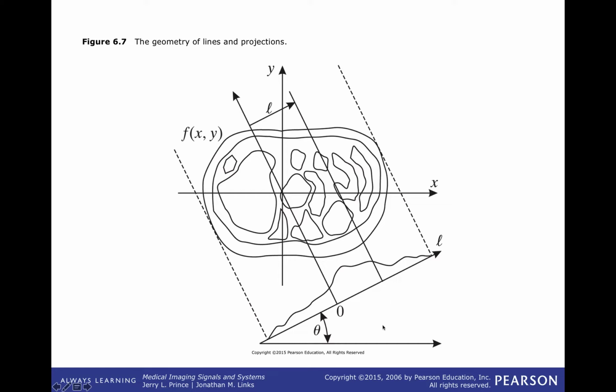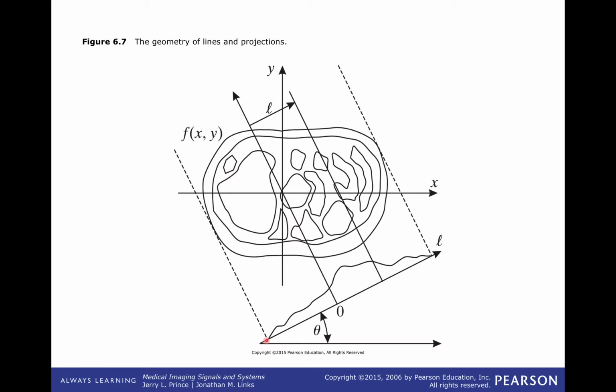And the angle of the projection of the X-rays through that patient will be parametrized by this angle here, theta. Okay, so if theta is 0, I'd be doing vertical beams through the patient. Here, theta is about 40 or 45 degrees. I'm doing beams at this angle.